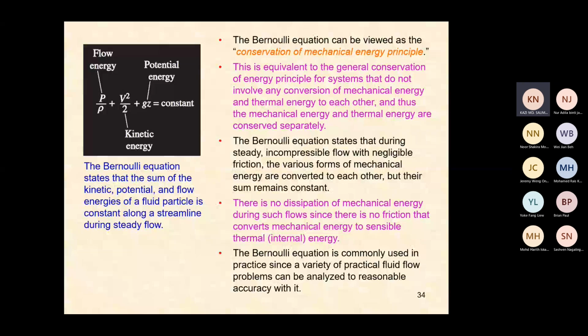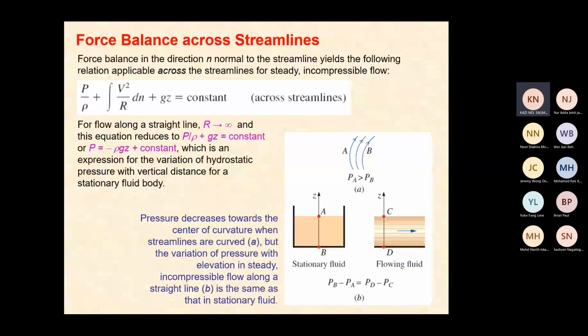So with this understanding, we move on further: if you do the force balance across streamlines, then we have the force balance in the direction N. This force balance in the direction N normal to the streamline yields the following relation applied across the streamline for steady incompressible flow.